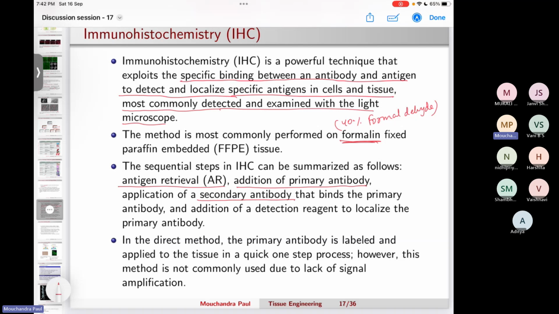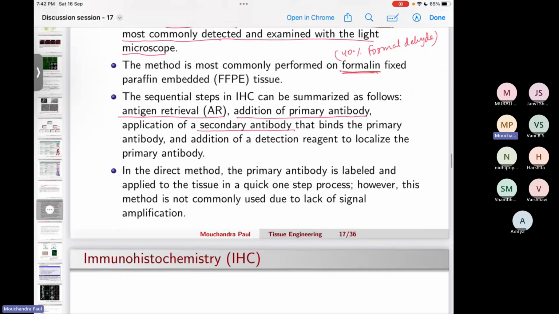And to this secondary antibody, there is some conjugated enzyme or conjugated fluorescent dye, which in the presence of some substrate, your enzyme will act on that substrate and release some chromogenic product. Or if there is a fluorescent dye, in the presence of a particular wavelength, you will get some fluorescent emission. So this is the basic principle.